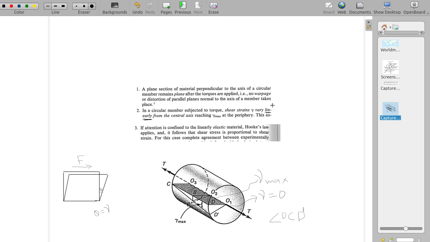And we are talking about linear elastic materials, which means Hooke's law applies. So shear stress is proportional to shear strain, hence shear stress varies just the way shear strain varies. These are the assumptions involved. Now let's start the derivation.